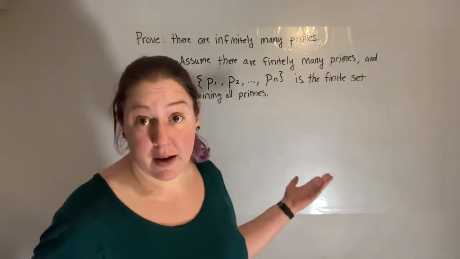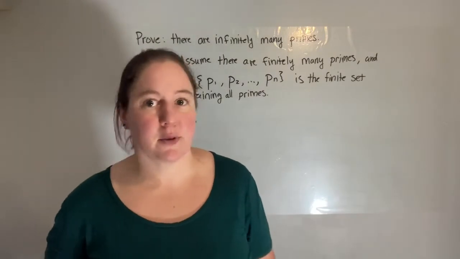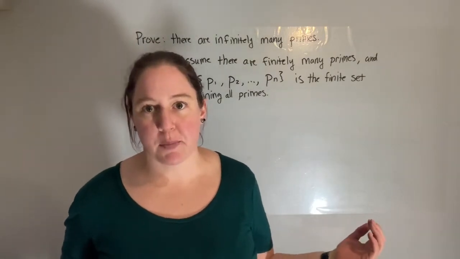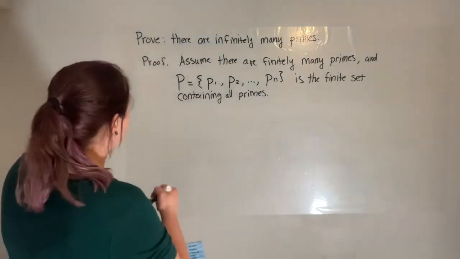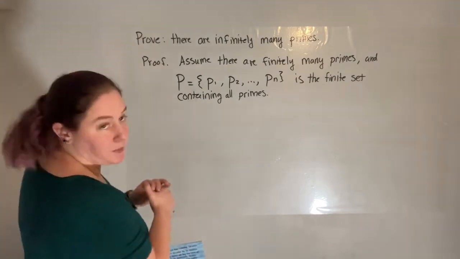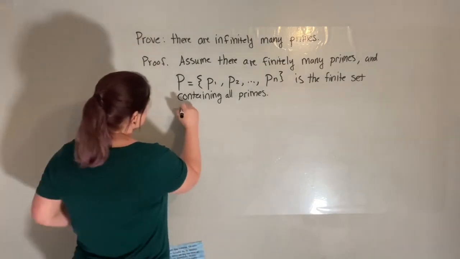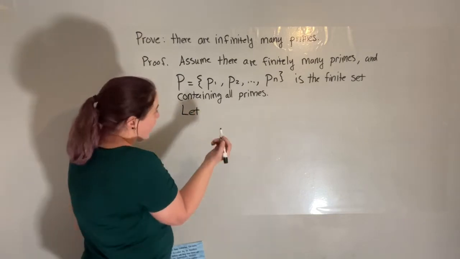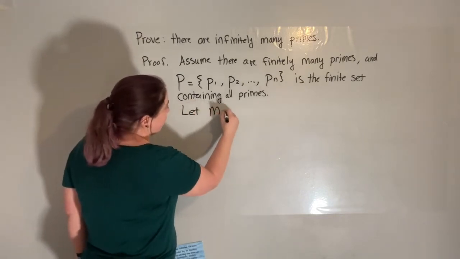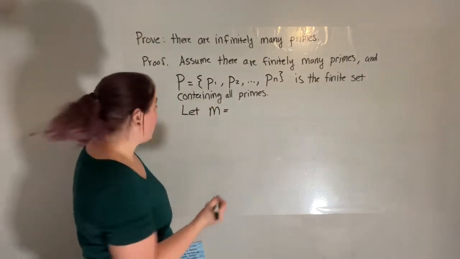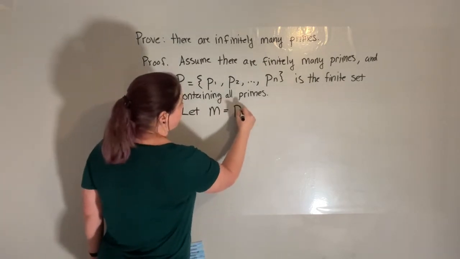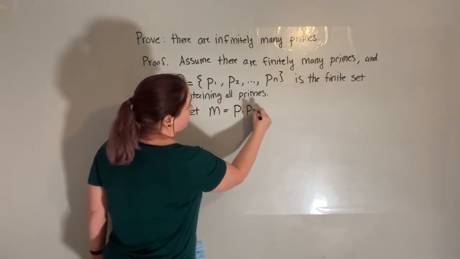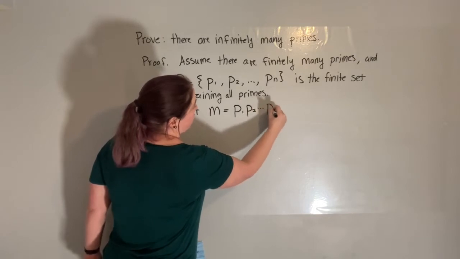So if we assume we have these primes, let's take these numbers and we're going to make a new number from them. So our new number, we'll call it M. And M, we're just going to create by making it be the product of p1 times p2 all the way through pn.